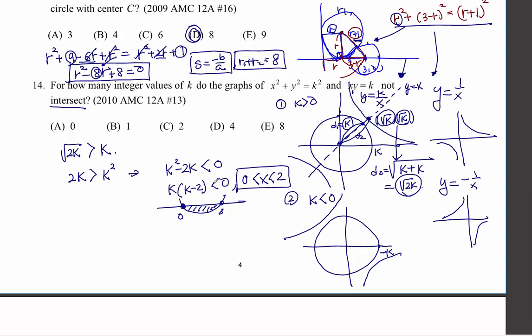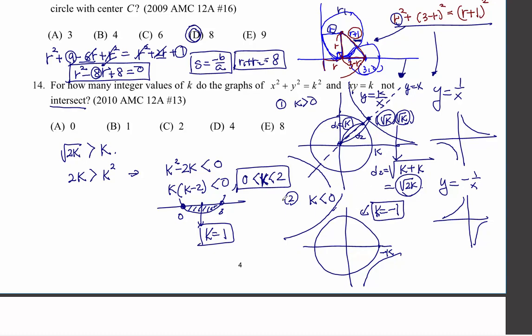Alright, so we only have integer numbers between 0 and 2. The only integer is 1, right? k is 1, I'm sorry. k equals 1 is available, okay? But in this case, we reflect symmetry, so it should be k equals negative 1. That's symmetry, so we don't have to solve this one.